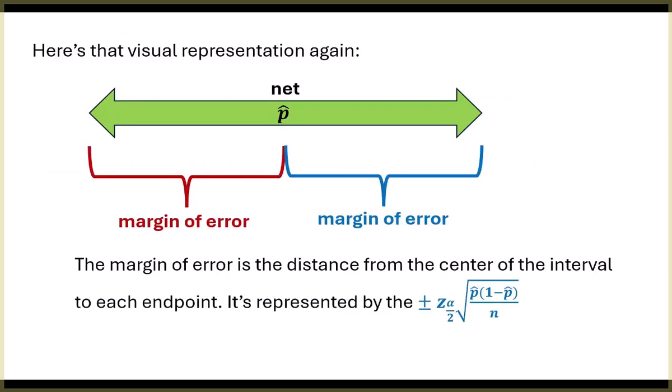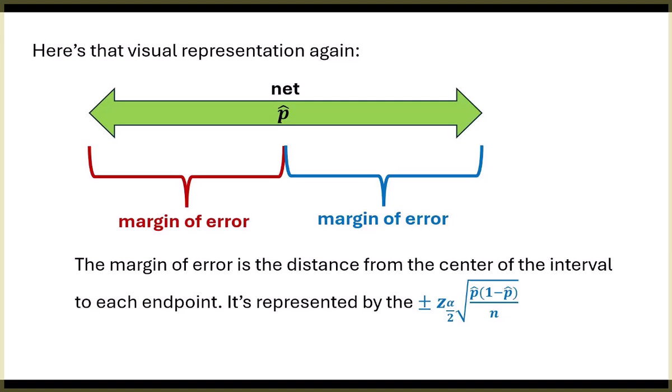So I used this little graphic last time. The green thing is our net, if you will, our confidence interval. And we're hoping that somewhere in there, the population parameter is trapped, is captured. We don't know if it is or not, but we want to just make a guess.